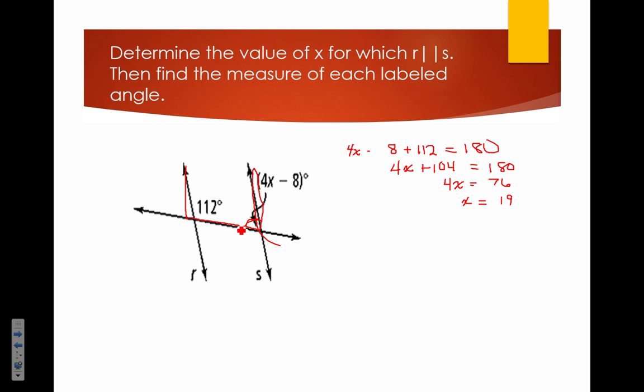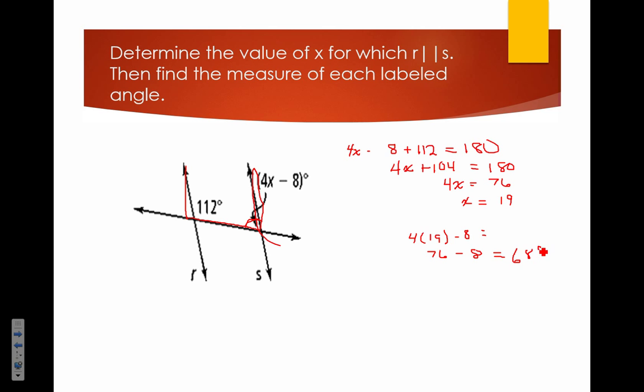So if x is 19, then we could sub it back into the 4x minus 8 to find the measure of that angle. 4 times 19 is 76, and 76 minus 8 is 68, so that's going to be 68 degrees.